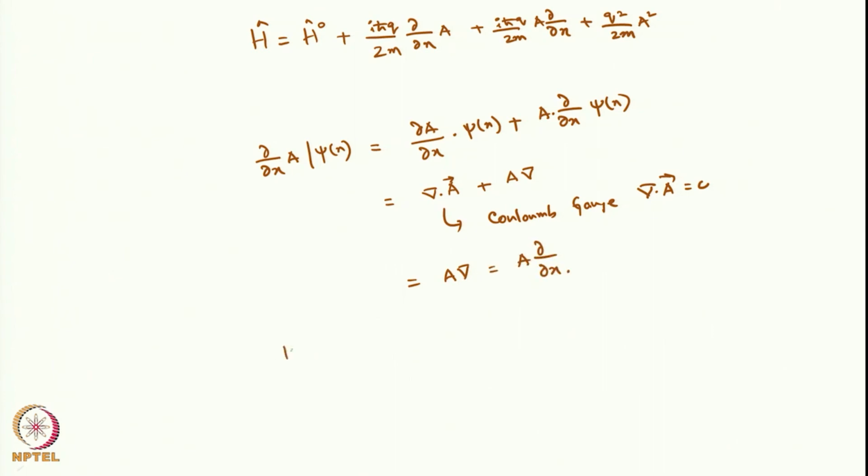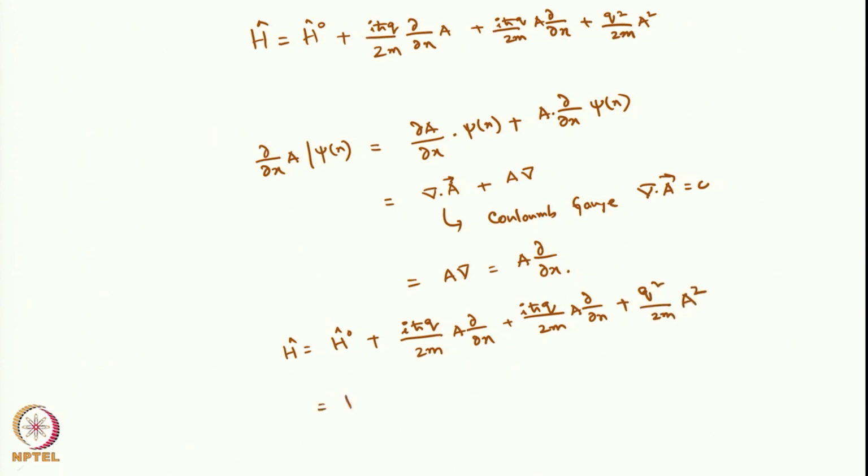So your H is equal to H naught plus ih bar q by 2m d by dx of A, that is nothing but A d by dx, and there is another term which is similar to that, equal to ih bar q by 2m A d by dx plus q square by 2m A square.